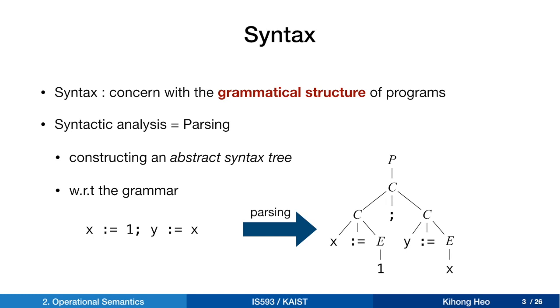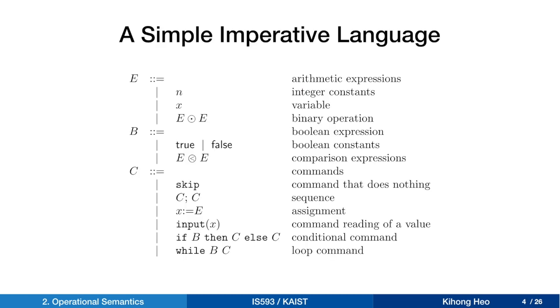Okay, I assume that you have already learned about parsing in undergrad courses, so I'm not going to get into the details of parsing in this course. So here is a grammar for a simple imperative language we will consider throughout this lecture. It looks like the C programming language, but it is a much more simplified version.